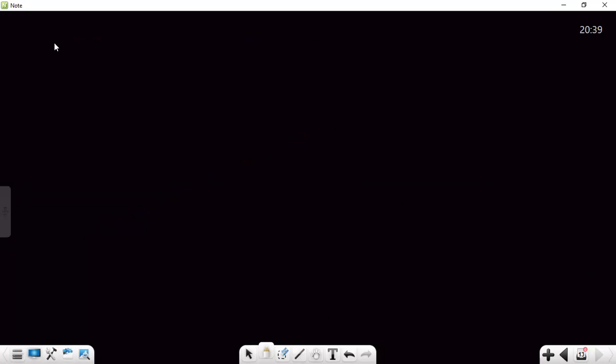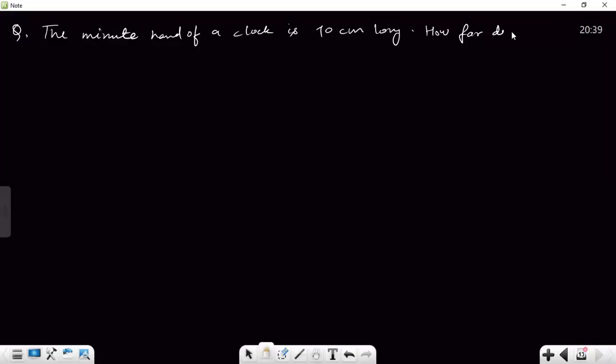Let's solve another question. This is more interesting. The minute hand of a clock is 10 centimeter long. How far does the tip of the hand move in 20 minutes?